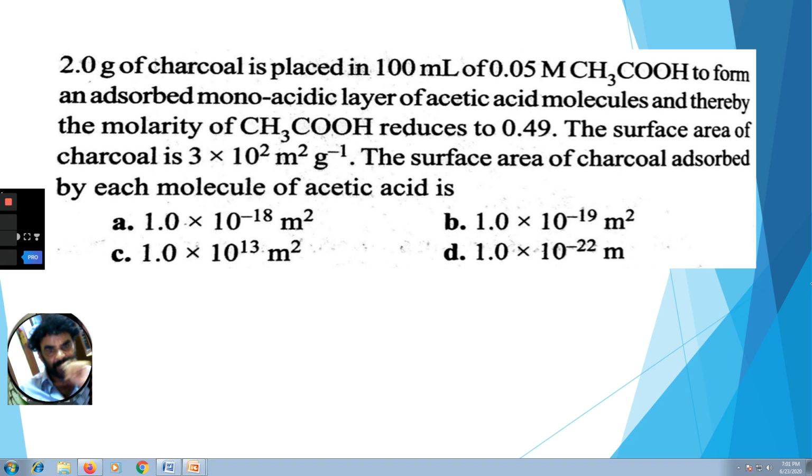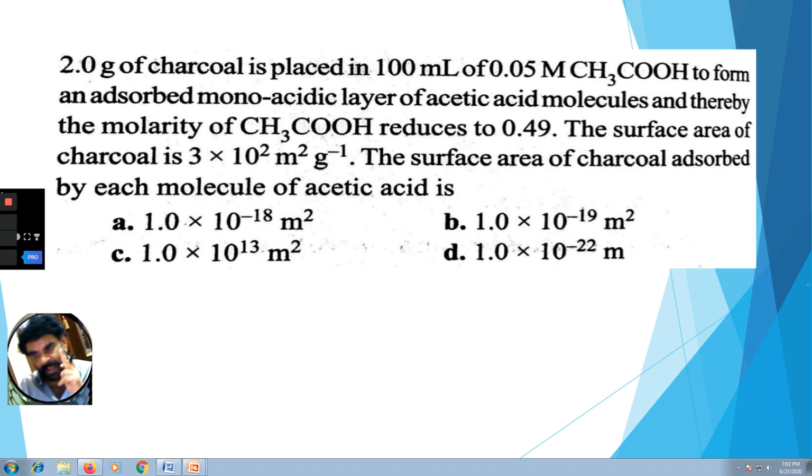See, the surface area of the charcoal occupied by each molecule of the acetic acid, it is asking to find out what is the area occupied by each molecule of the acetic acid. So first we have to find out the total number of acetic acid molecules adsorbed on the surface, right? How many molecules are adsorbed? First we have to find out from the initial concentration and the final concentration.